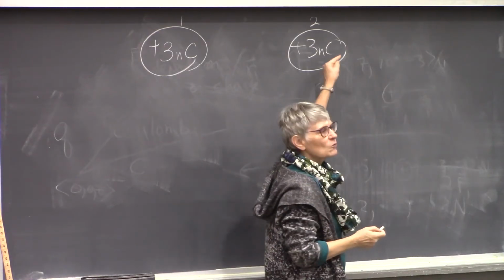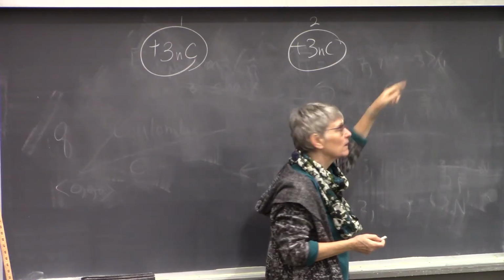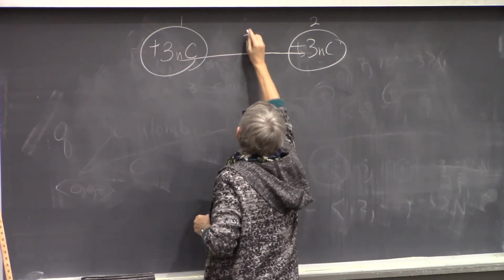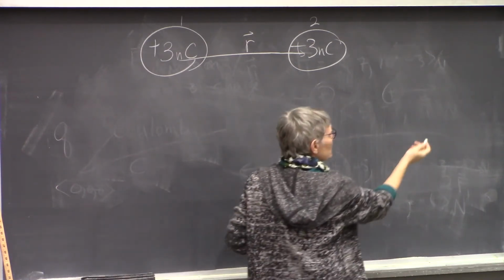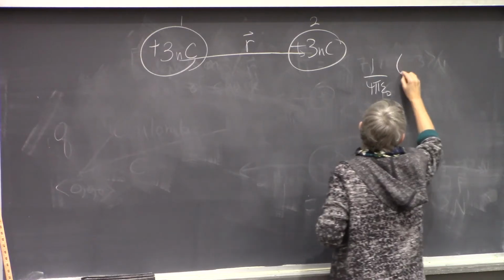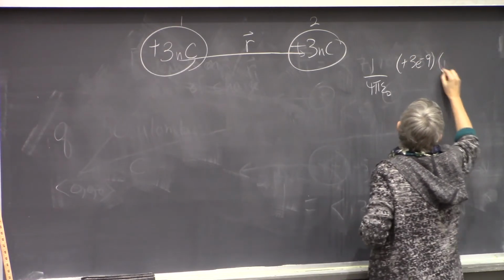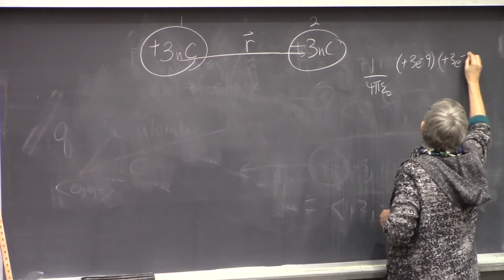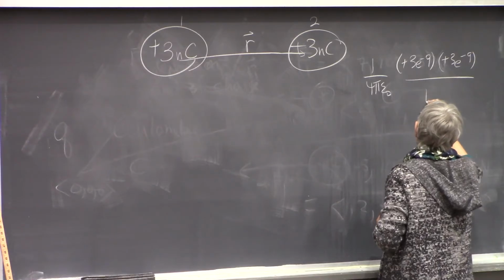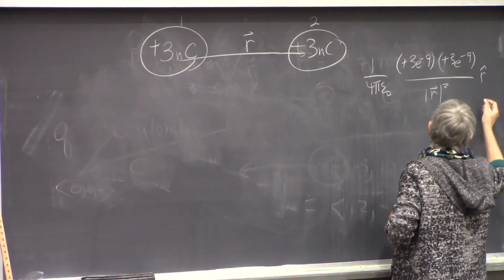The force on object 2 better be that way, right? And here's our R vector. In this equation, we're going to have 1 over 4 pi epsilon 0, times plus 3 times 10 to the minus 9, times plus 3 times 10 to the minus 9, over the magnitude of R squared, times R hat.